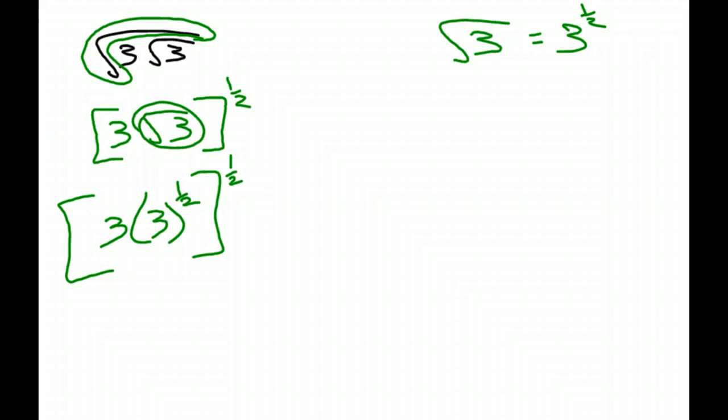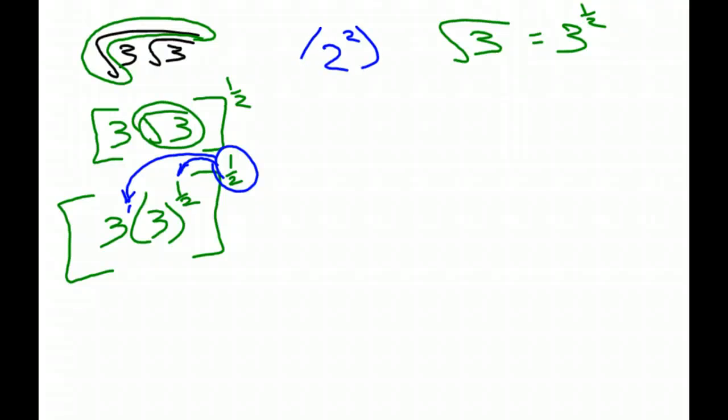Using our power rule, when we have an exponent outside here, it applies to each part of what we have inside. So, 3 to what power? What power is this on the 3? 1. If there's no exponent on there, it's an assumed 1. Using the power rule, what does this mean?